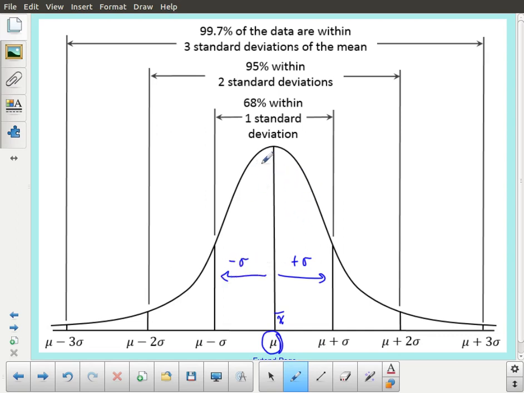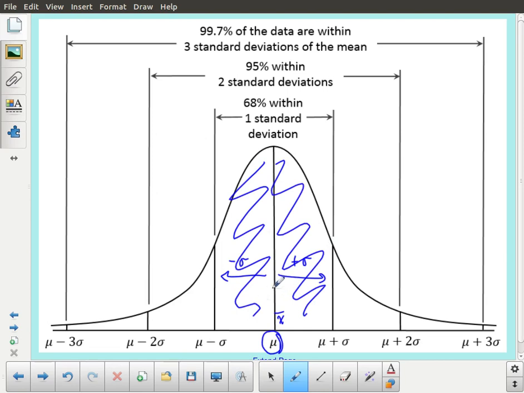And all of the data points between that plus or minus 1 standard deviation, or another way to think of it, that part of the normal curve or the bell curve, makes up 68% of the data.